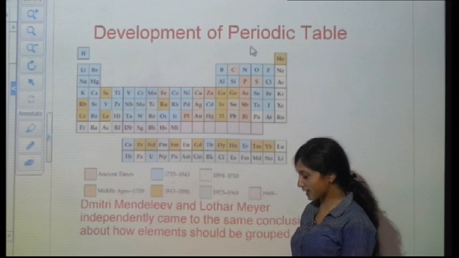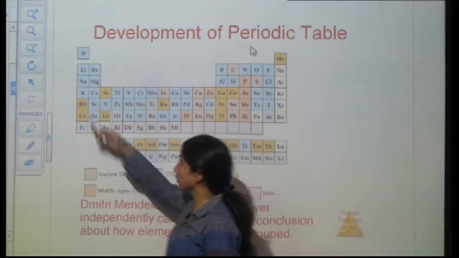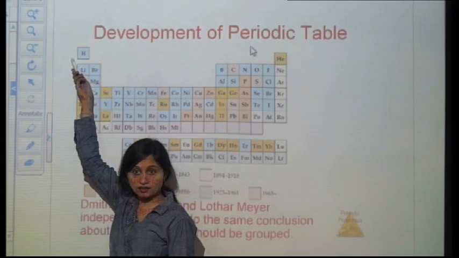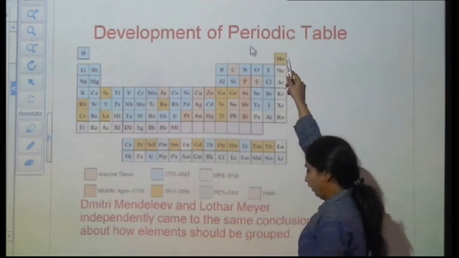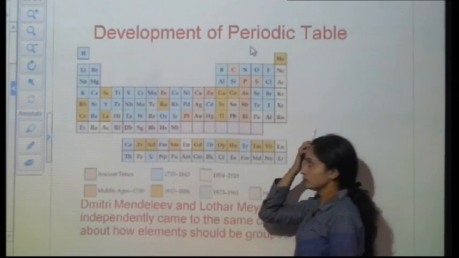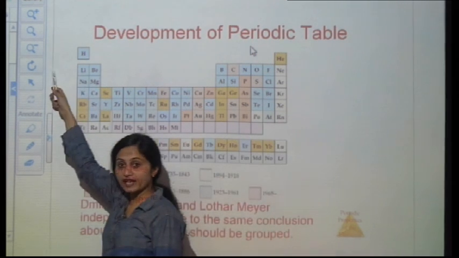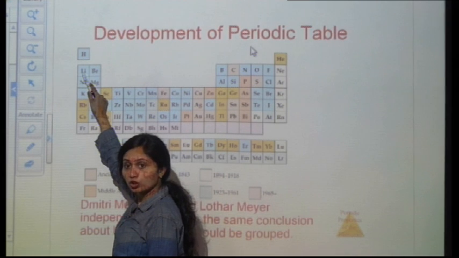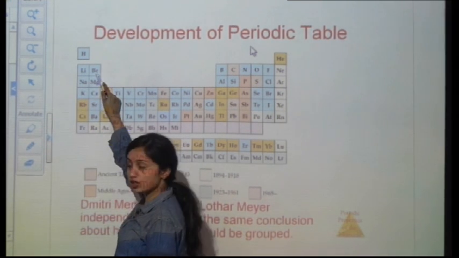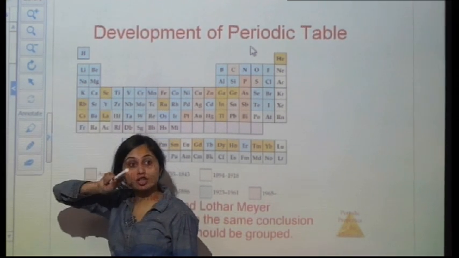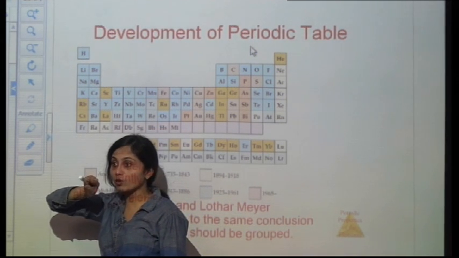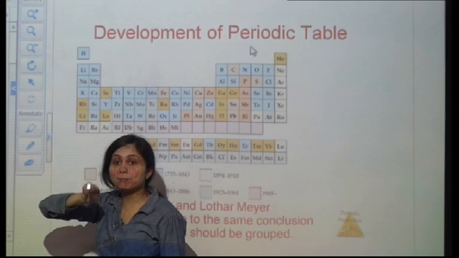Now here in this case, first group means you have only one main shell, that is 1s1, 1s2. Now you get the second shell: 1s2 2s1, 1s2 2s2. So now your 2 has started getting filled. Remember that the principal quantum number also represents your period.